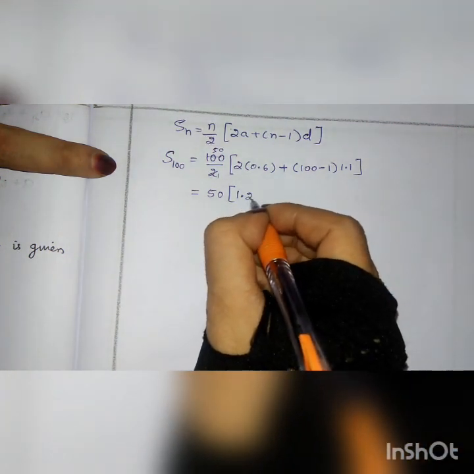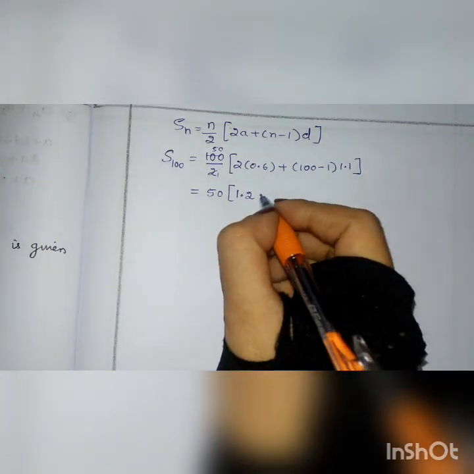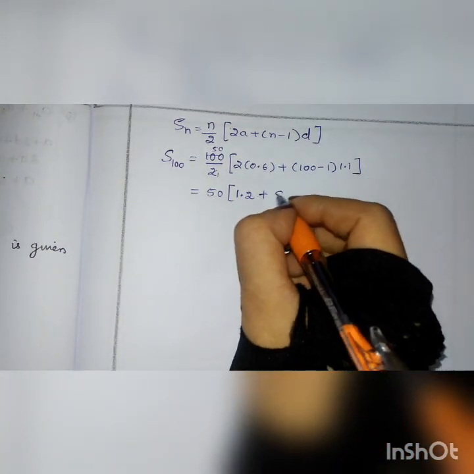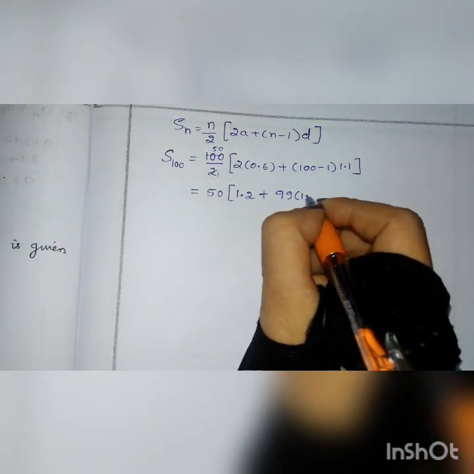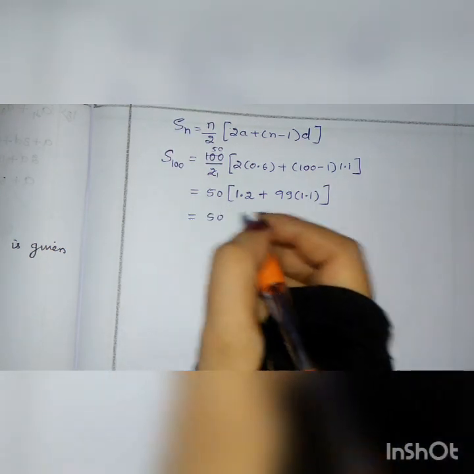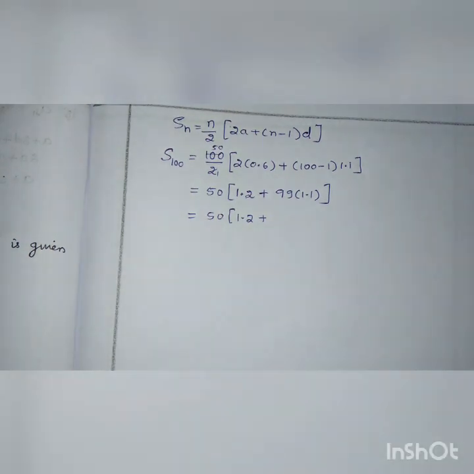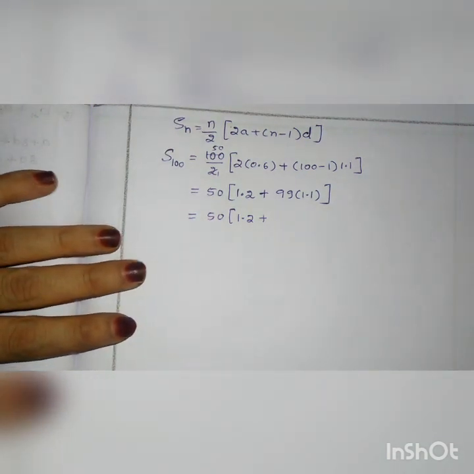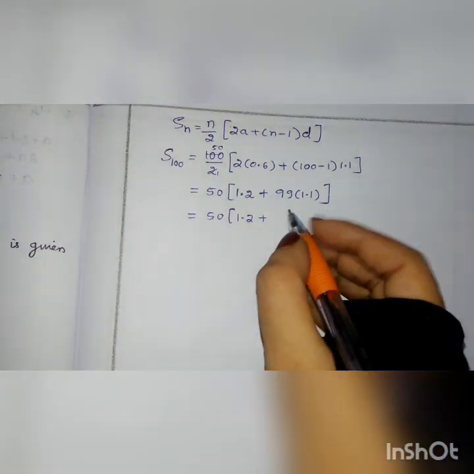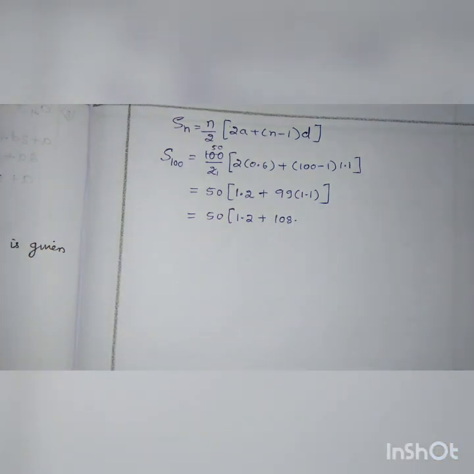When you multiply, you will understand. You will get 1.2 plus 100 minus 1 is 99 into 1.1. So 50 as it is, 1.2 as it is. This will multiply. 99 into 1.1 is nothing but 108.9.